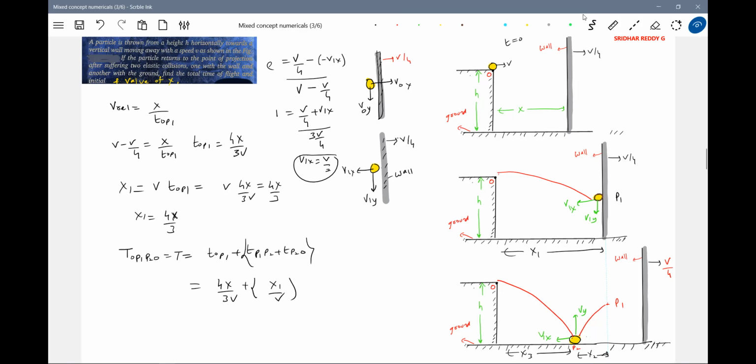Why 2h? Because the time taken to descend and ascend is the time of flight. h equal to half g t square. Now what is t equal to? Root of 2h by g. Time of descent should be equal to time of ascent.